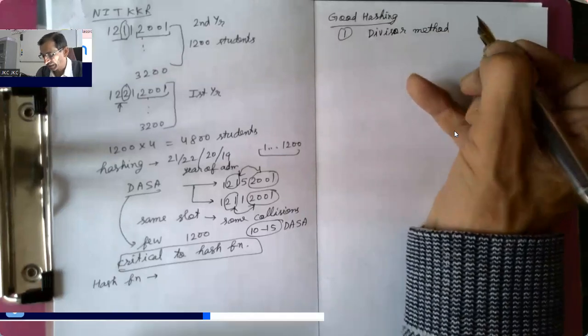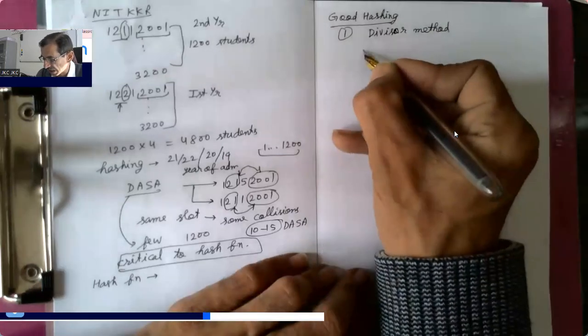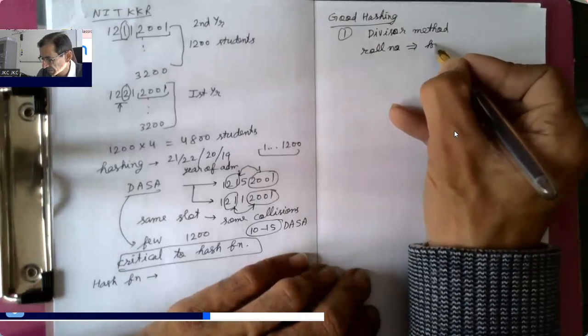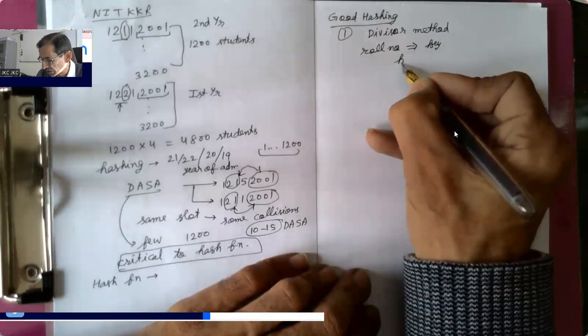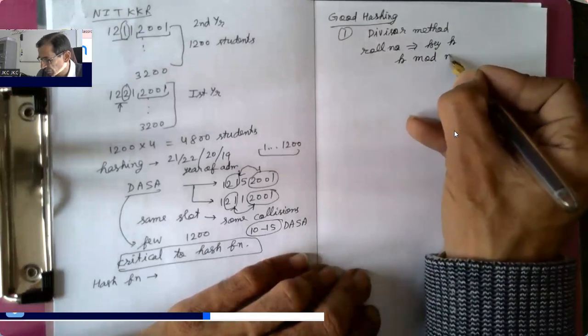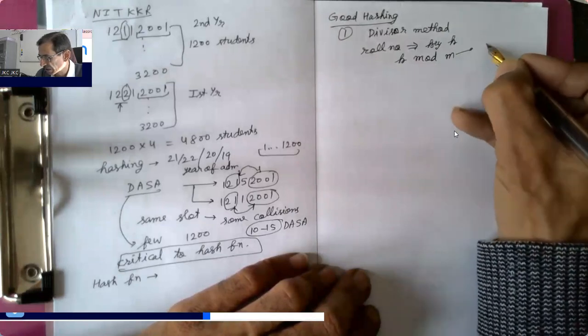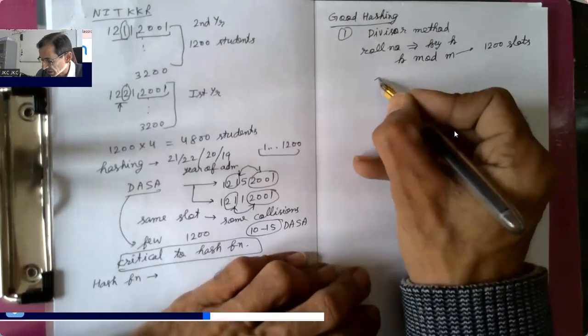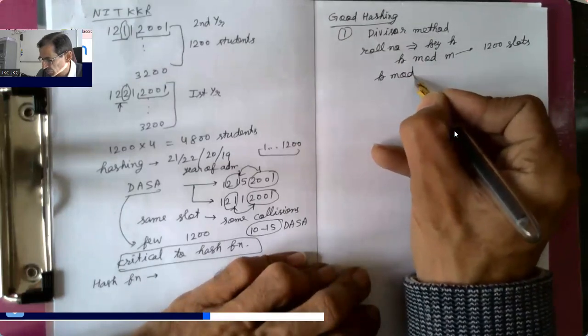For example, for NIT Kurukshetra, I said I have a roll number, and the roll number is my equivalent key. So corresponding to the key, I will apply a mod function over M. M means I am having 1200 slots. So I will say K mod 1200 is to be taken.